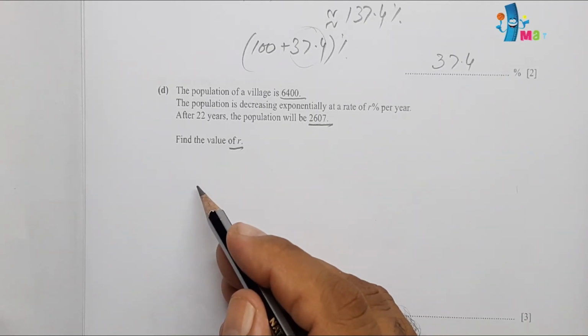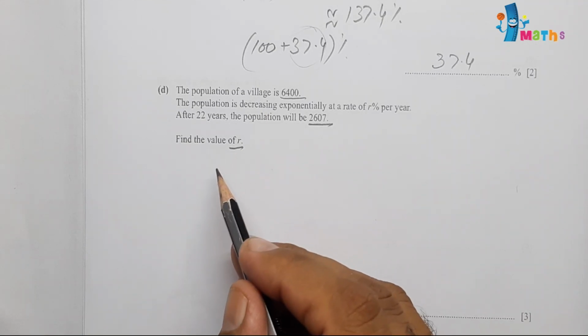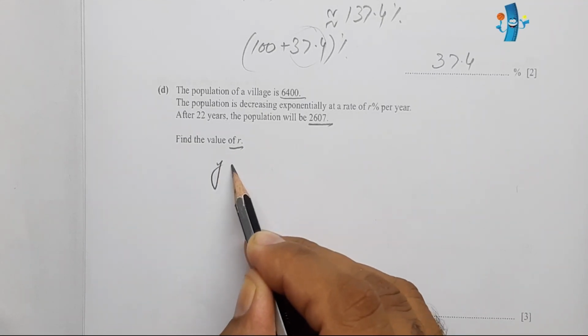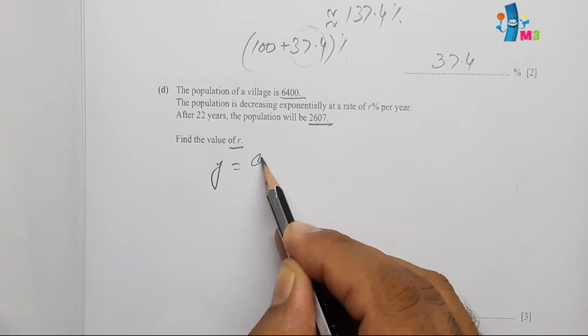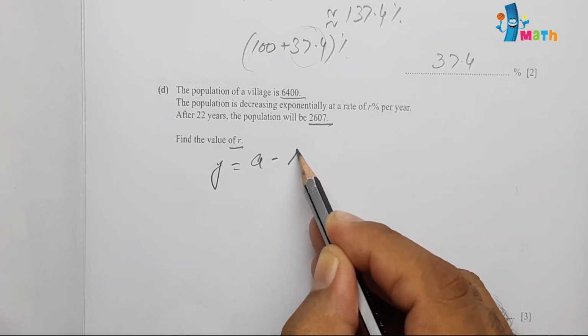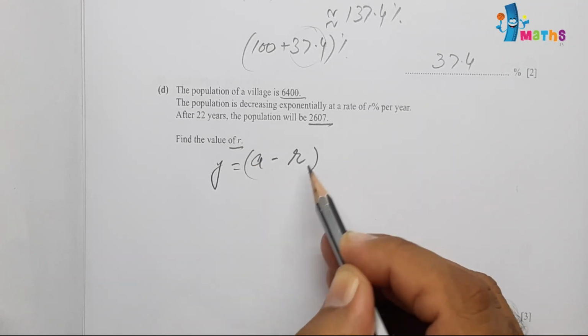So for r, we can use the formula y is equal to a times (1 minus r) raised to the power x.